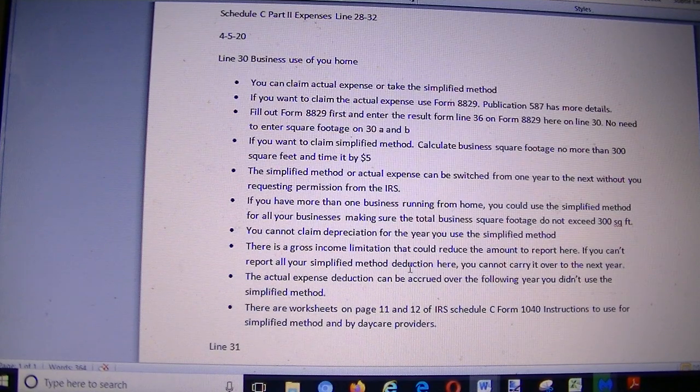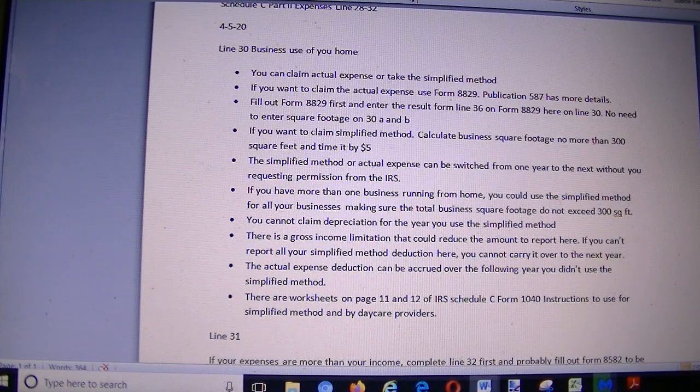You'll keep your carryover and pretty much accrue it and then carry it over to the year that you will use the actual expenses. Again, that's if you are switching between the two. But yeah, you can carry over actual expenses, but you cannot carry over simplified method deduction if you don't claim it all in the year that it belongs to.